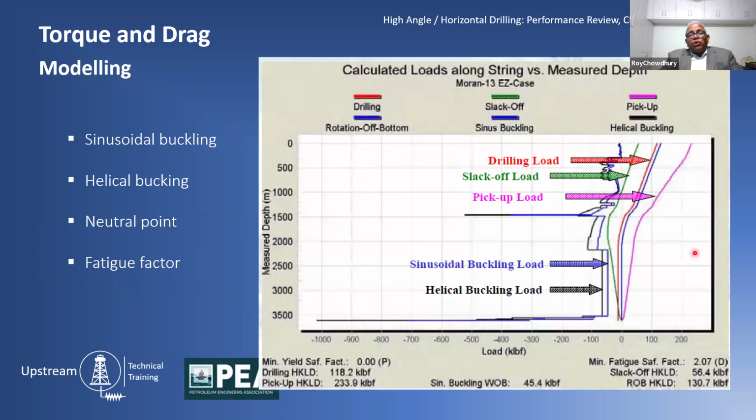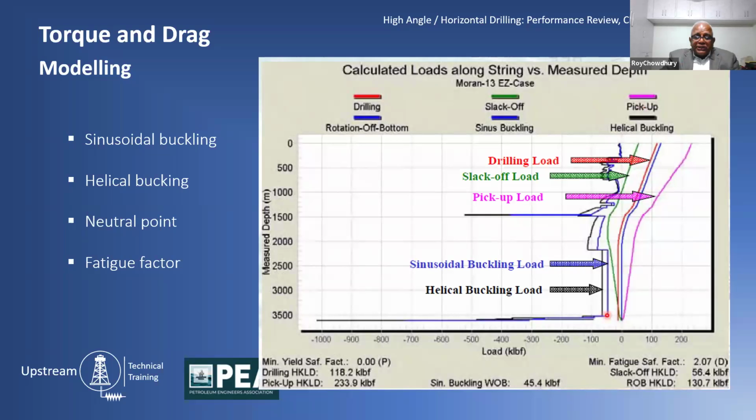Now, for those who are not used to seeing torque and drag diagrams, you would notice in any torque and drag diagram, it will give you the helical and critical buckling forces, the weight on bit needed. And if your drilling line, so this is pickup, so the drilling line is red.